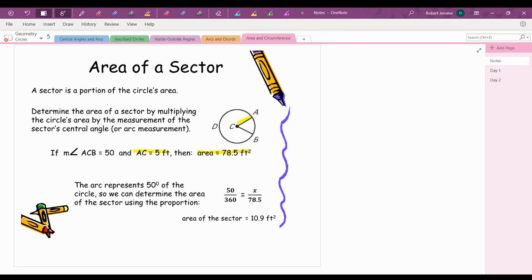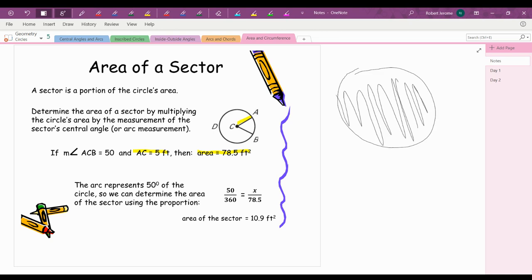So again, if I have a circle and I shade all of it, in this case, that would be 78.5 square feet. But our question asks us to find the area of that pizza slice. So I don't want the whole pizza, I just want that part of it.